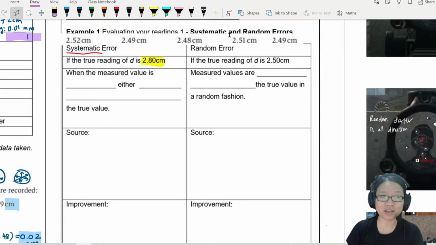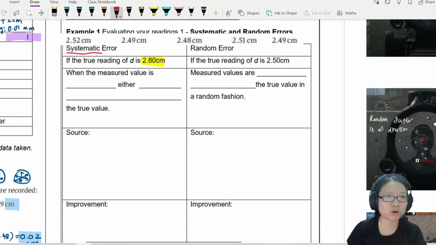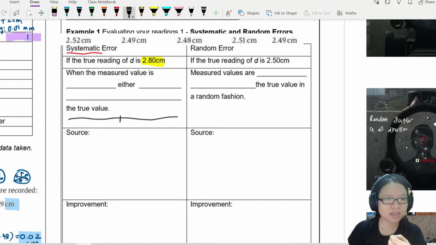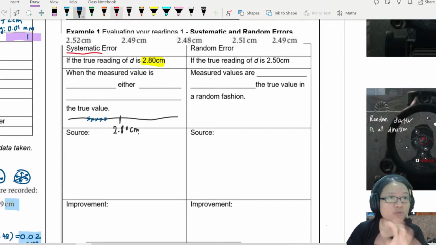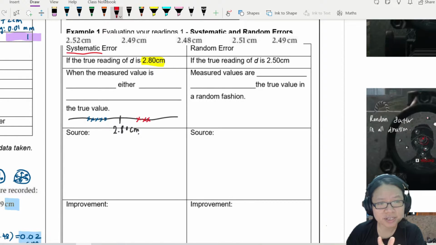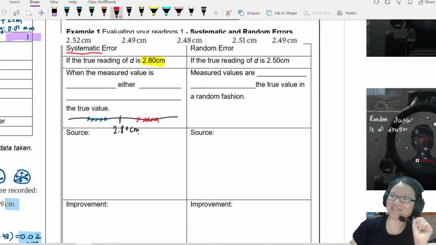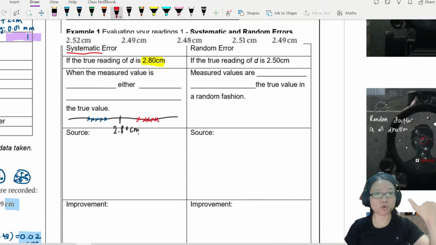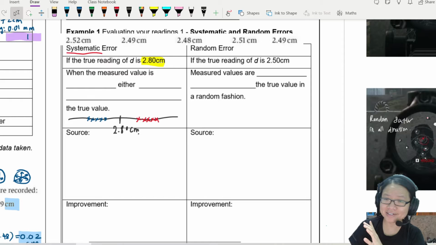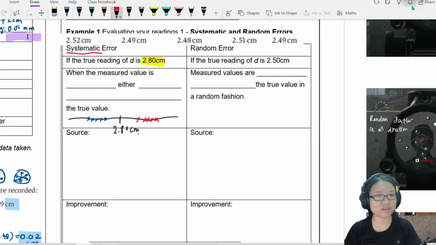Systematic error. You're supposed to get 2.8, but all your numbers are bigger than 2.8. Systematic error. So if you think about this, let's say you draw a number line instead of a two-dimensional bullseye. This is 2.8 cm, or 2.80 cm. If whenever you take a reading, all your readings are here, systematic. If whenever you take a reading, all your readings are here, systematic. So it's always smaller than or greater than the true value in one direction.